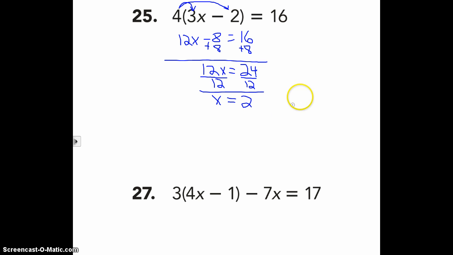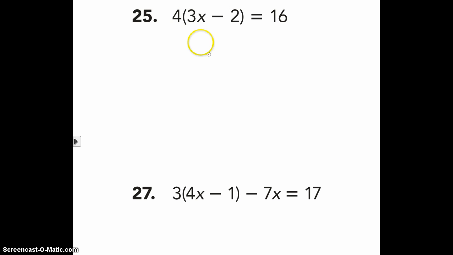Now sometimes there's a second option when you see an equation like this. When there's nothing else attached and it's just a single factored expression on the left, you have this option where instead of expanding the 4, this is 4 times the quantity 3x minus 2, I can just start with dividing both sides by 4.